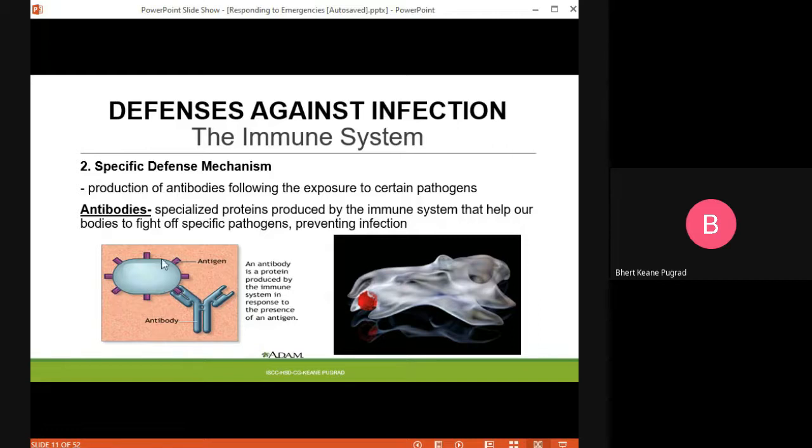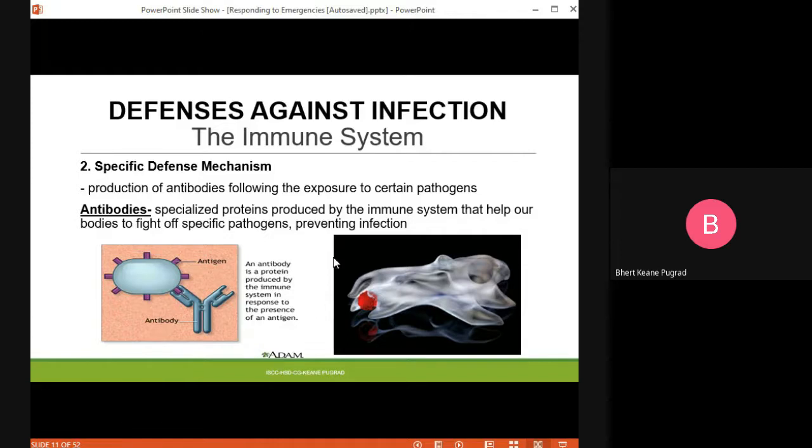Okay? Ang antigen, these are structures actually, no? These are structures in the bacteria, okay, or sa mga virus. And these structures are being detected by our immune system.